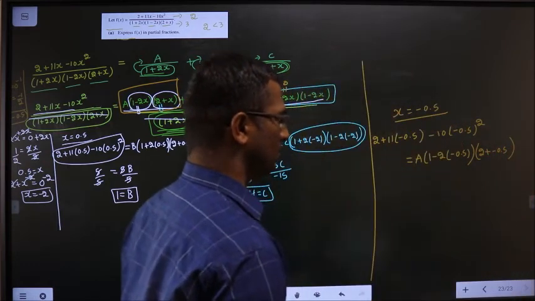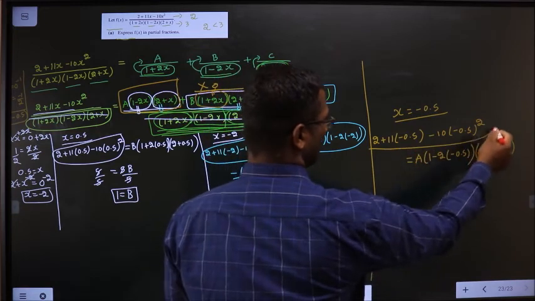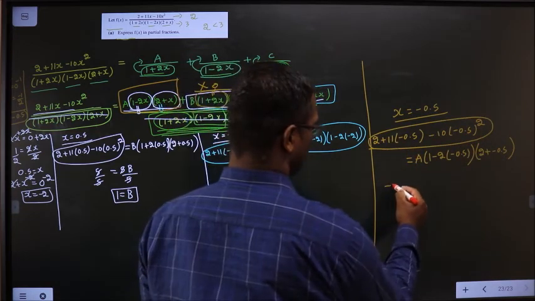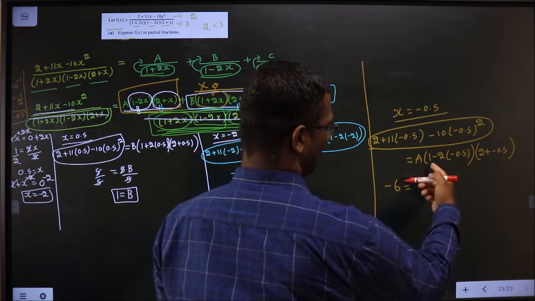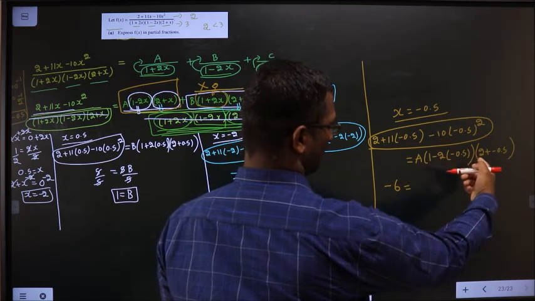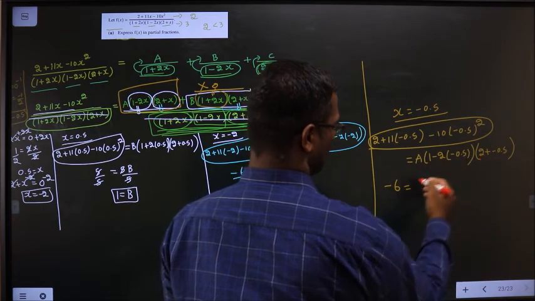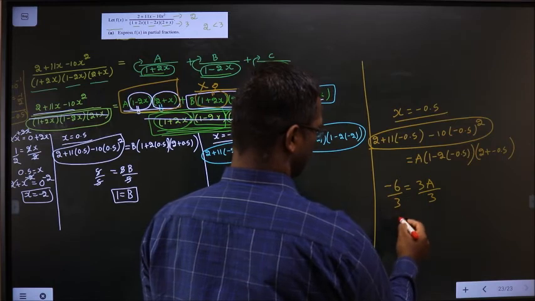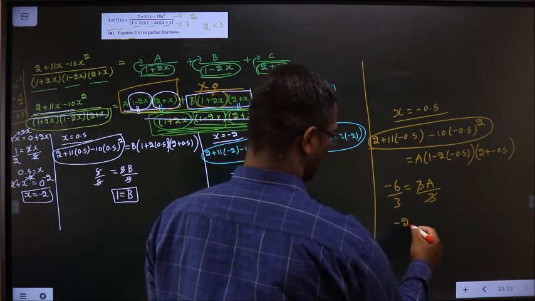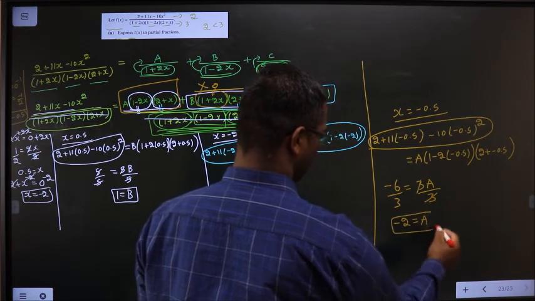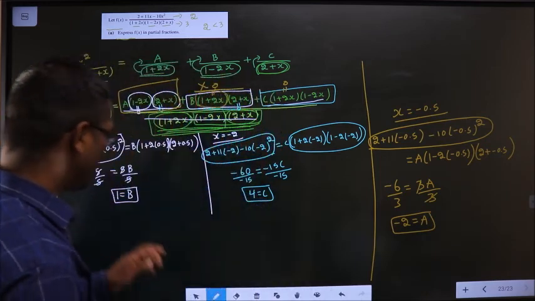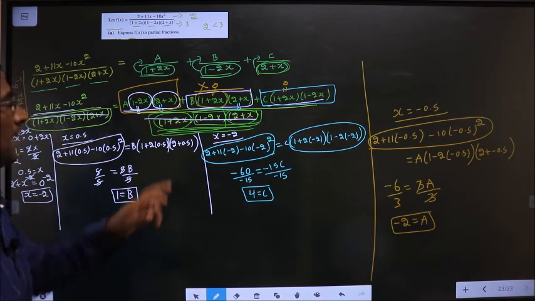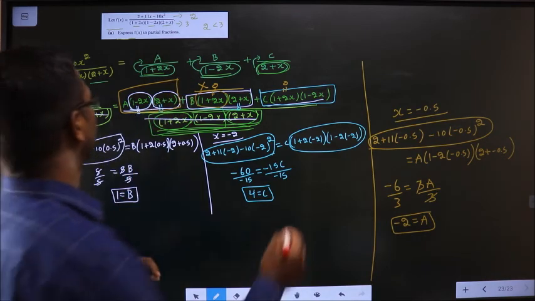Okay. Now put this entire thing in the calculator. You get the answer to be minus 6, and over here 1 plus 1 is 2 and that 1.5 into 2 is 3a. Now divide by 3 on both sides. You get minus 2 equal to a. Clear? We have found the values of a, b and c. So our final answer is obtained by replacing a, b and c in this one.